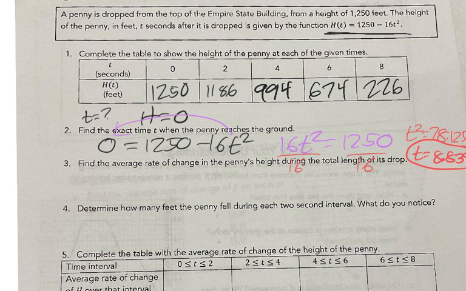I appreciate that. Okay? If you ever want to change the window on your own though, instead of zoom fit, which zoom fit's a good thing to know, because I wish I could have told some students that last year that don't understand window. You can click window. You can see your X min and X max. Once I click window, that means we're going from -10 to 10 on the X axis. That's what we wanted.